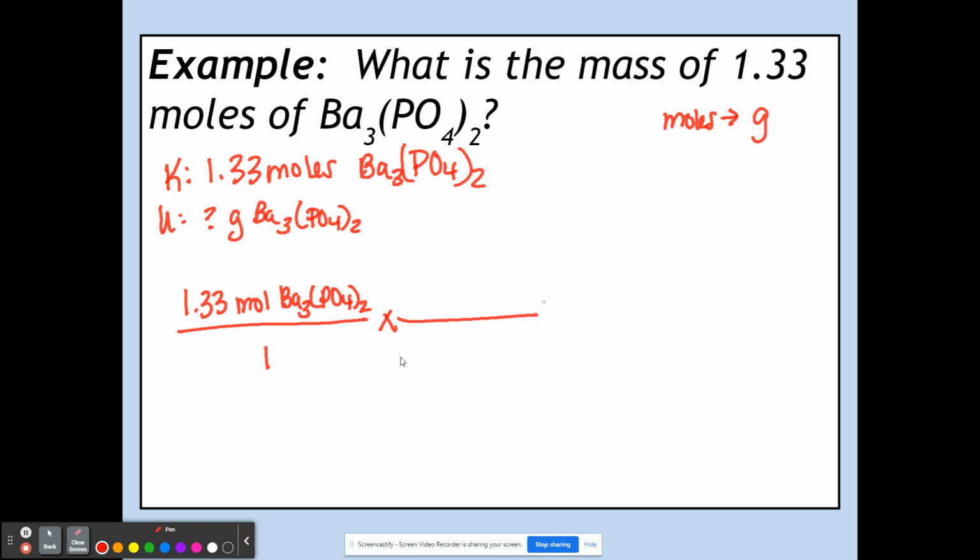Now, remembering what we had on the page before, we need to use that as a conversion factor. Because moles is on top here, moles is going to be on the bottom for our next one so that they cancel out. So it's 1 mole of barium phosphate is equal to 601.93 grams of barium phosphate.